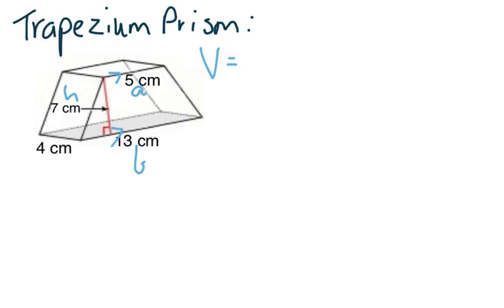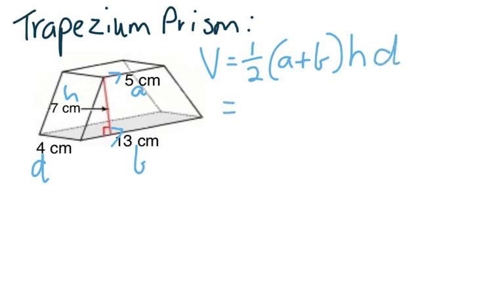And then again, because we already have a height involved, I'm actually going to label this 4 centimetres the depth this time. So area of a trapezium is half of A plus B, remembering to put our brackets in because we have to do the addition first, multiplied by H, and then, so that part there is the area of the trapezium, and then we're going to multiply that area of the front there by the depth.